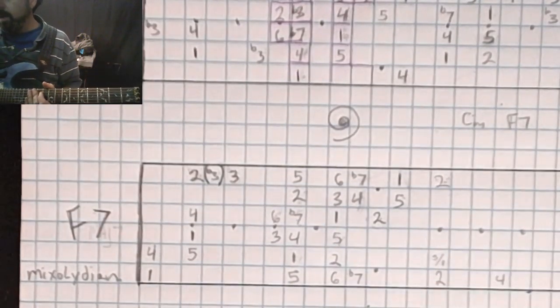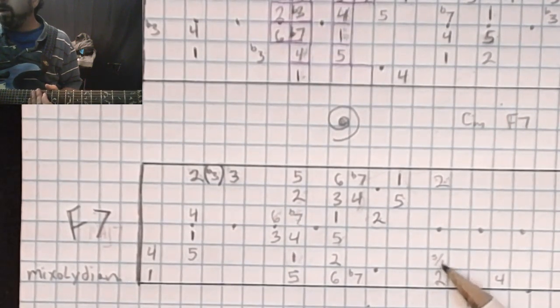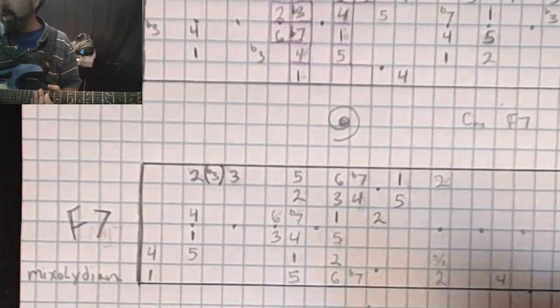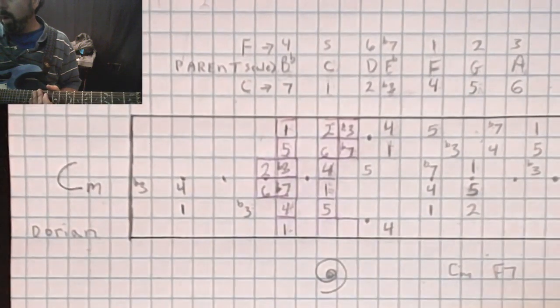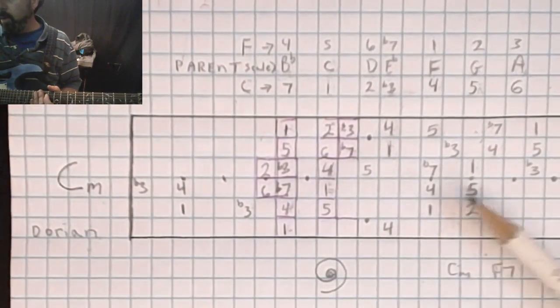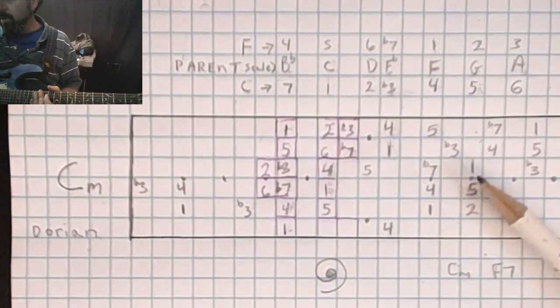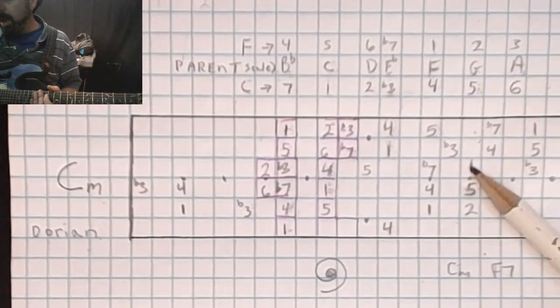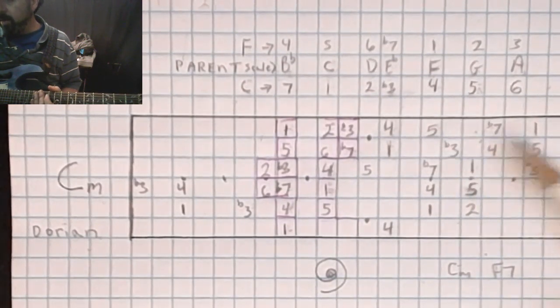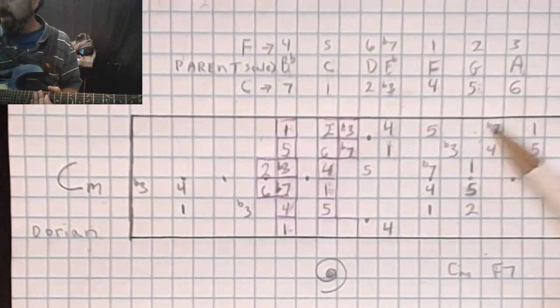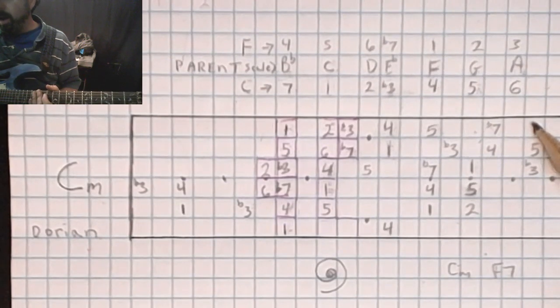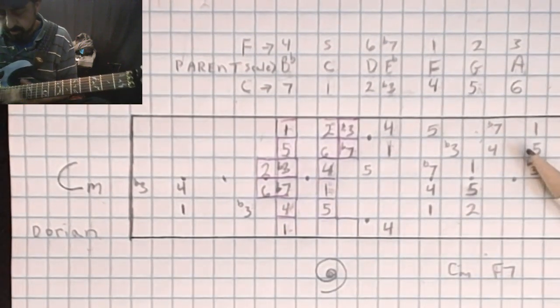What we got there is, like I said, the 2, the 4, and then I wrote here that the 5 becomes a 1. So we left off on the 5, but we were in the pocket to make that a 1. And then we're up to the 2, the 4, the 5, the 1, and some people play it down there. I go up here to the flat third, the 4, the 5, the 7, the 1. And does it come down any?